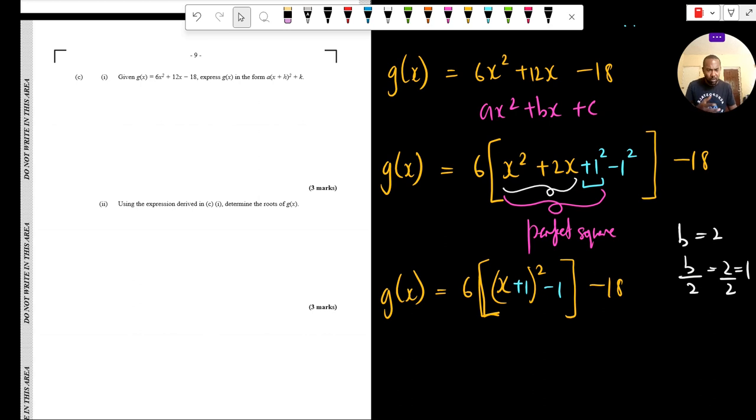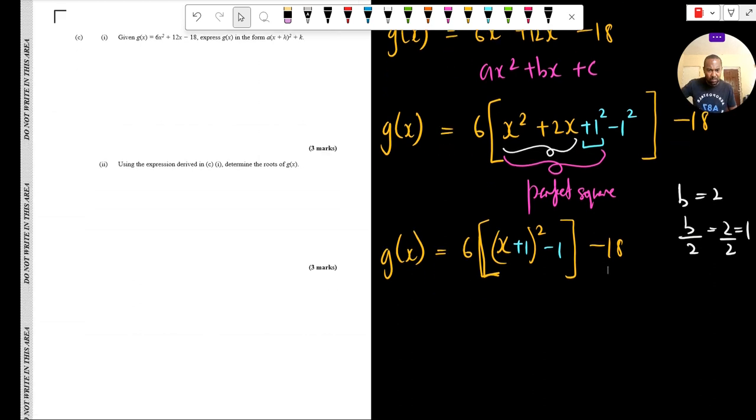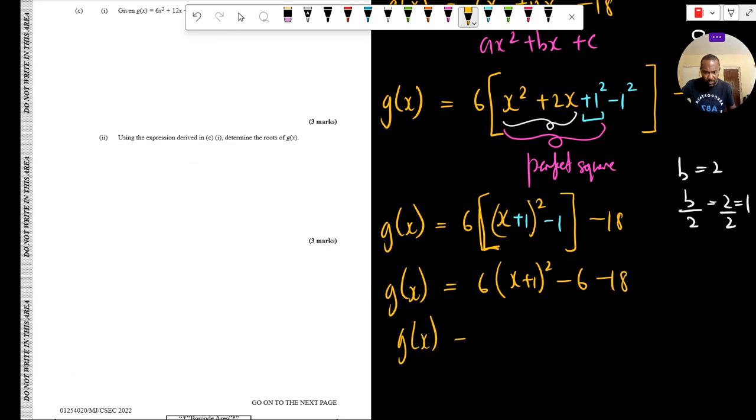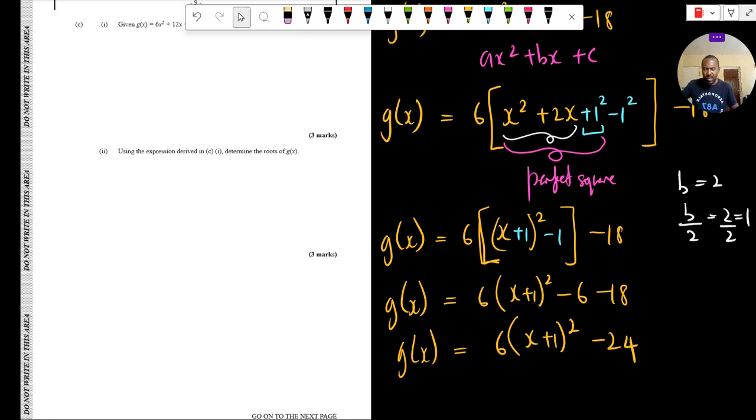I will now expand by multiplying through by 6 and then simplify. This gives me g of x is equal to 6, open bracket, x plus 1, close, all squared, minus 6, minus 18. And so I have g of x is equal to 6 times x plus 1 all squared minus 24.